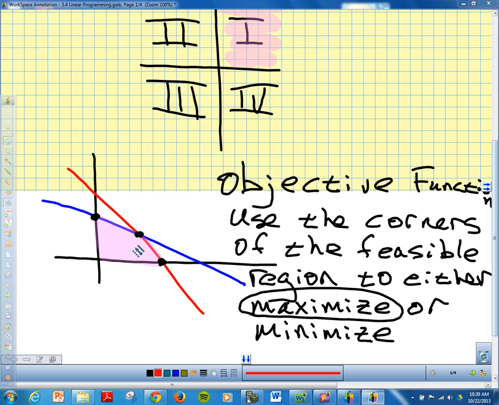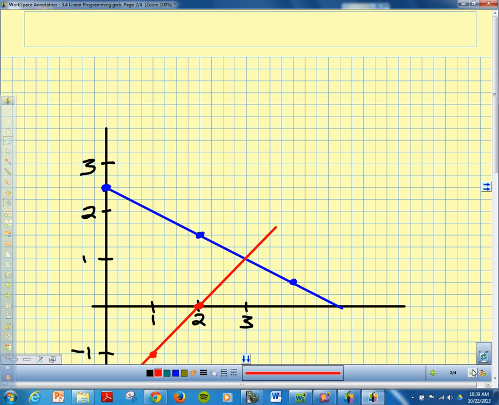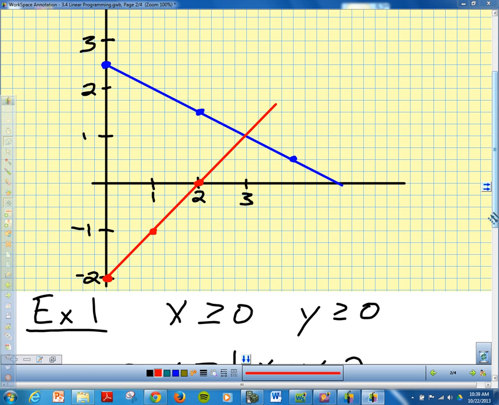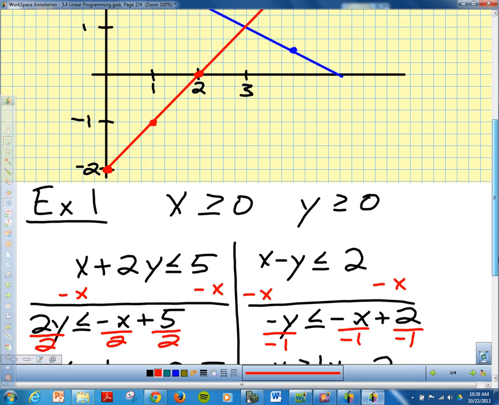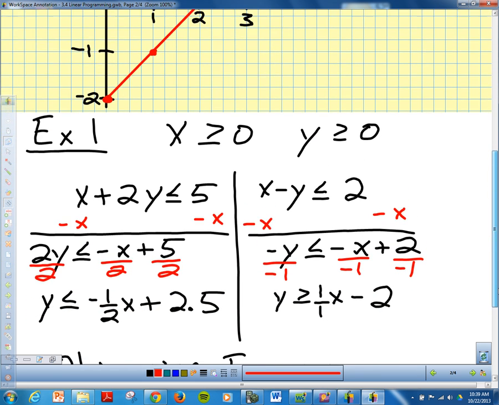But in this example, because we're just graphing by hand, it's not going to look like that. Okay? So we have one equation that is less than, right here. The blue line, we're graphing less than, and the red line, we're graphing greater than.